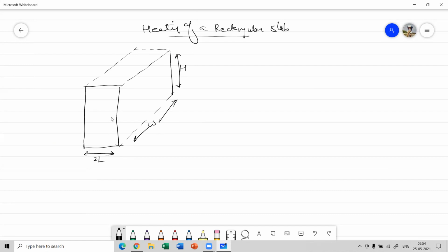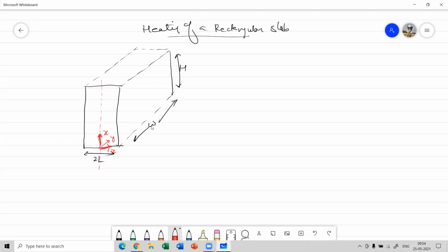The thickness is twice the L. That's the center axis. So let's say this is Z, this is Y, and in the upward direction it is X.